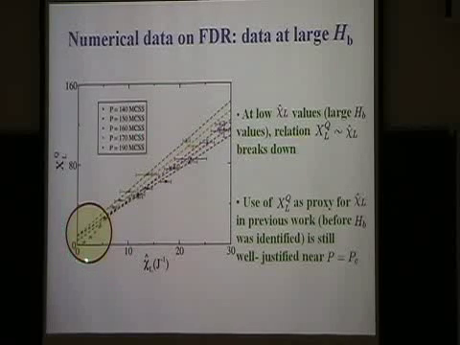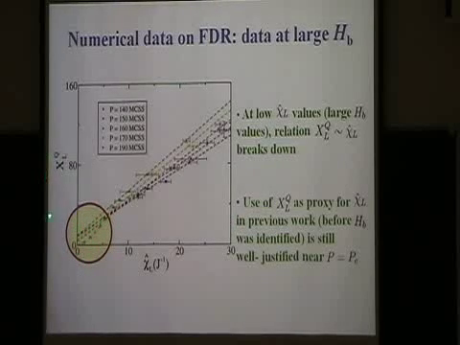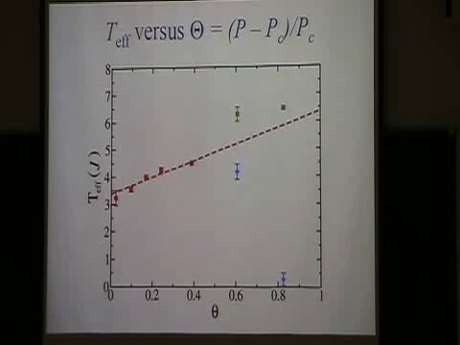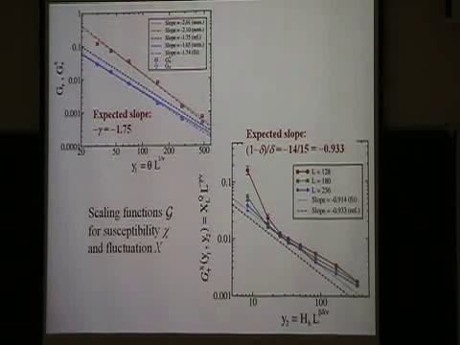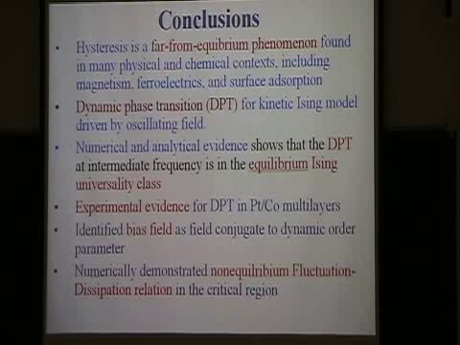We see some difference here at very low susceptibility of fluctuation, which essentially means very strong field. Here's our effective temperature. It's a function now of theta. It's more or less linear, but it's not the Ising critical temperature there. Here's the expected slope, and here's some conclusions. I'll stop there.